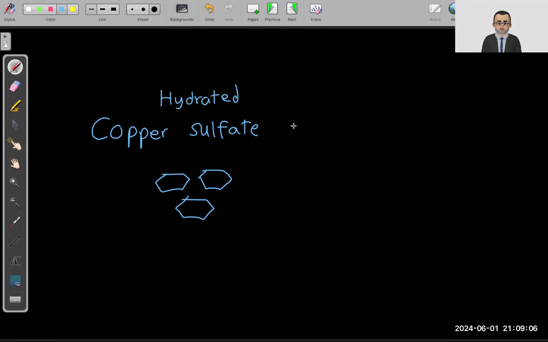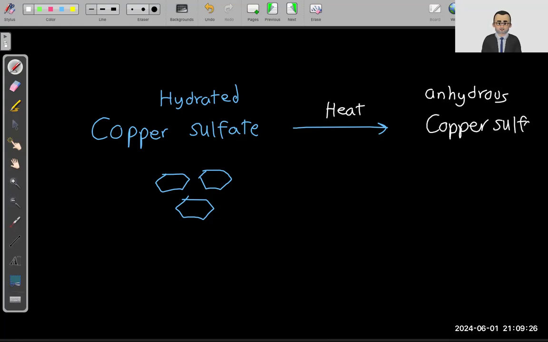It has water inside. If you heat it, what happens to the water? The water will be removed. So it will become called anhydrous. So instead of hydrated copper sulfate, it will become anhydrous copper sulfate. And strangely, its color will now be white, a white powder or white crystals.